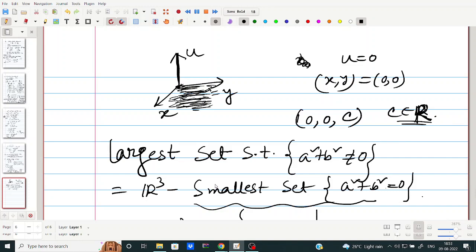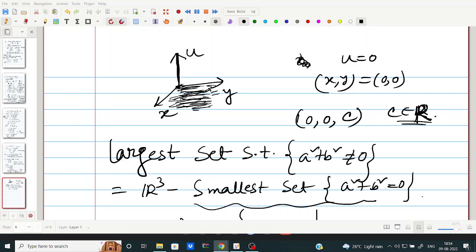Is this visible, Shiva Kumar? Hello. Okay, I'm moving to the next. Hello, do you want to say something, Shiva Kumar? Okay, let me move then to problem number 7.